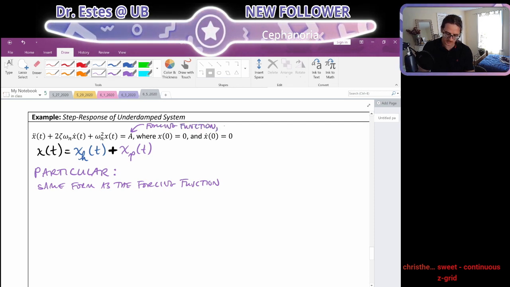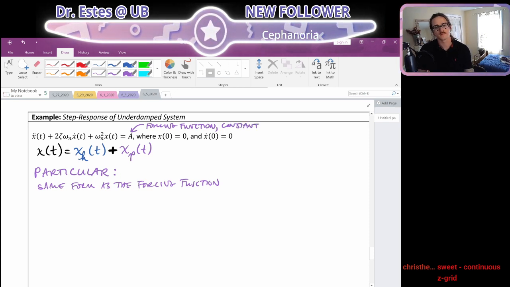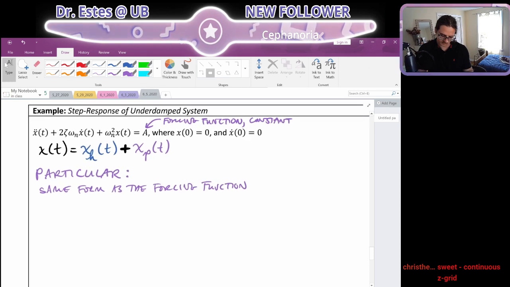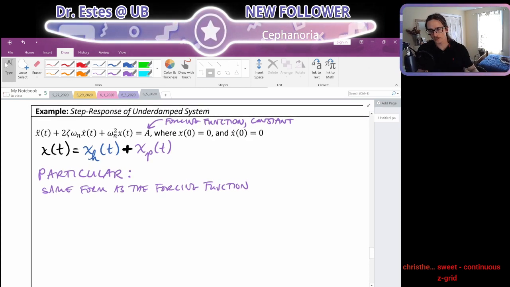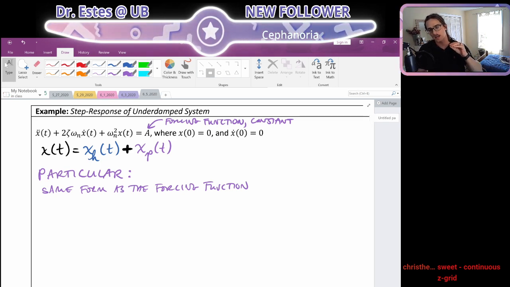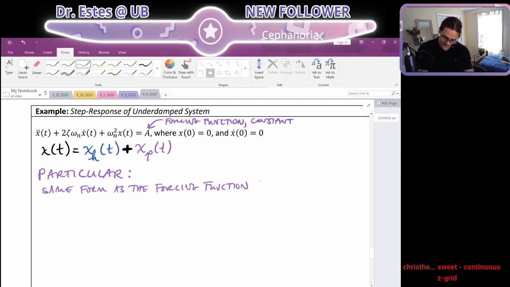And I just want this to be a constant number, A. So it could be 1, it could be 2, it could be 3, but it's going to be that number fixed for all time. So constant in this case.